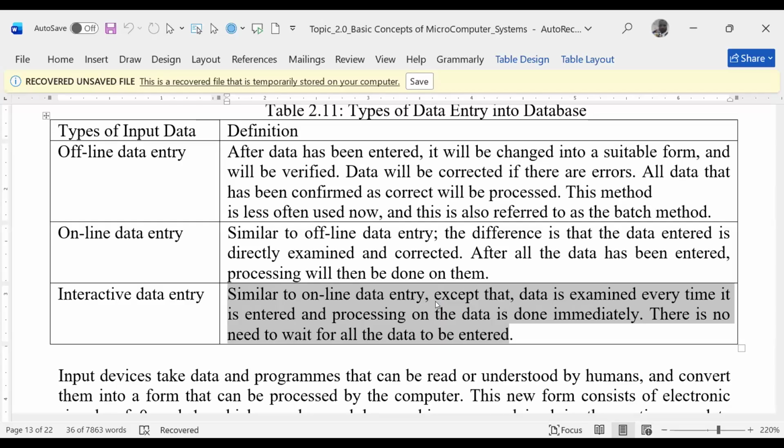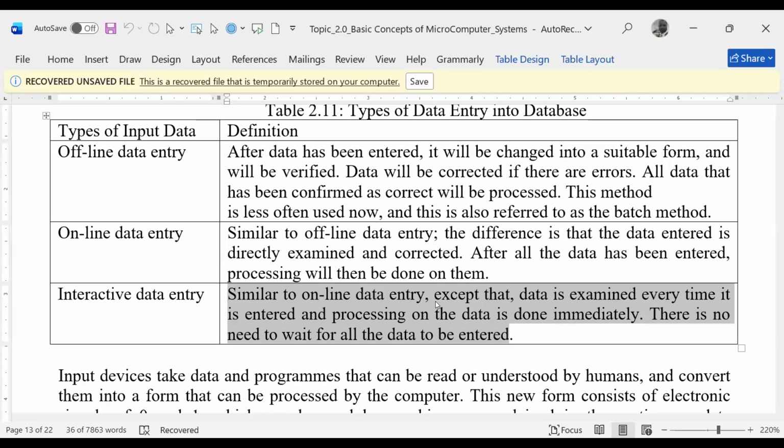And this interactive here means anytime input is made, the system will verify it before you can proceed. Remember, there are some online forms where you type maybe your name, your ID. The moment your ID is typed, it verifies and checks whether that one is genuine before you can move to the next stage.